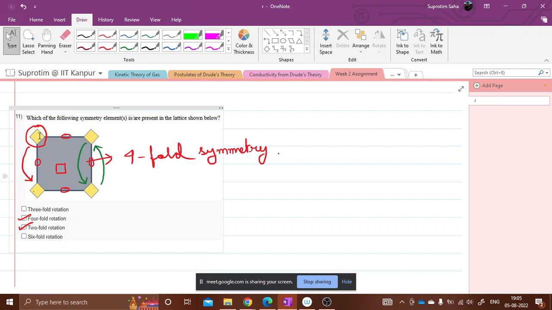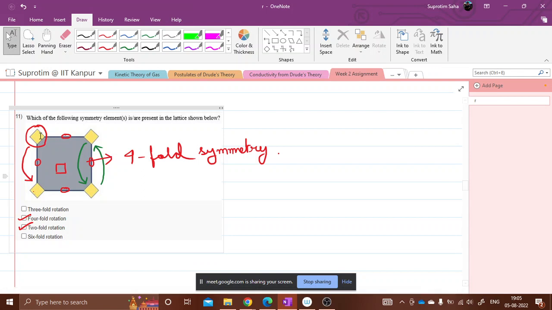And if these atoms are present, it will still have a six-fold rotation because these atoms at the corners, as per your problem, are symmetric. It can also sustain a six-fold rotation because the atoms are symmetric, right?